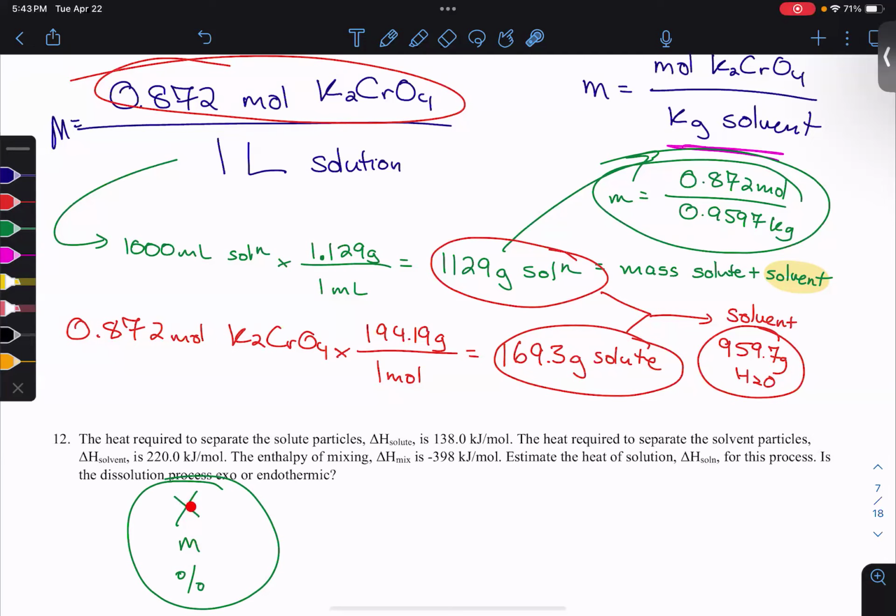Molality, mole fraction, and mass percent. All you need is molar mass. But if you want to go to molarity, that guy lives on a different island and you have to use density in order to get there, right? So if you want to go from molarity to molality or molarity to mass percent, you need density. But if you want to just convert between these guys, you don't need density, right? Okay, great.